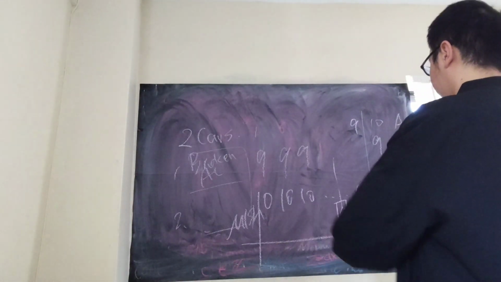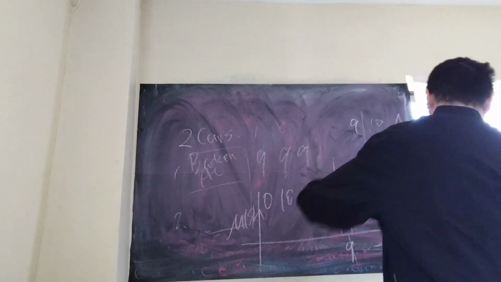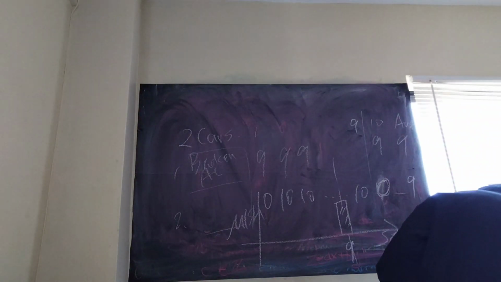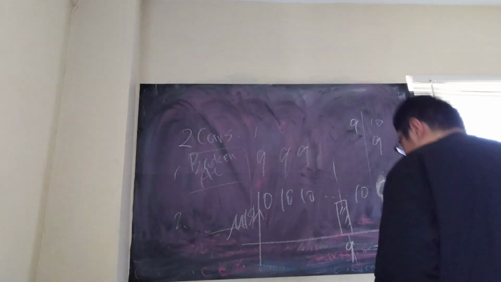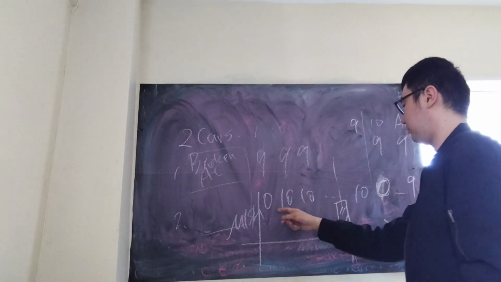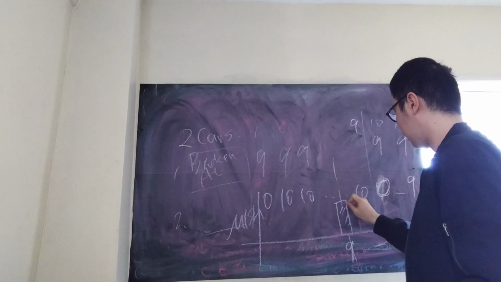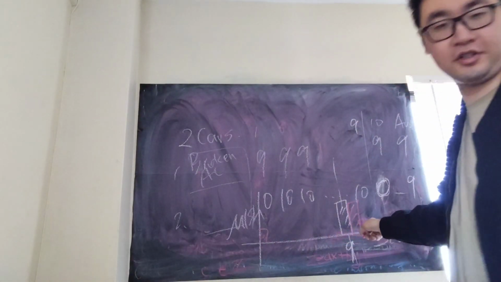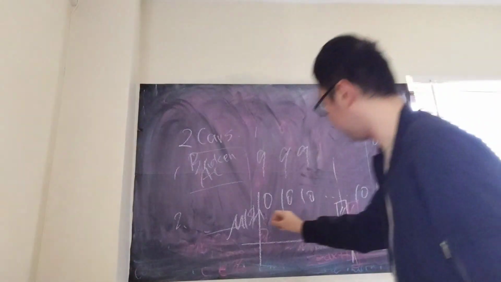All the scores are 9, so that's not a problem. And for the second car, you have a lot of 10s, and then you have a 0. So the distribution looks like this.